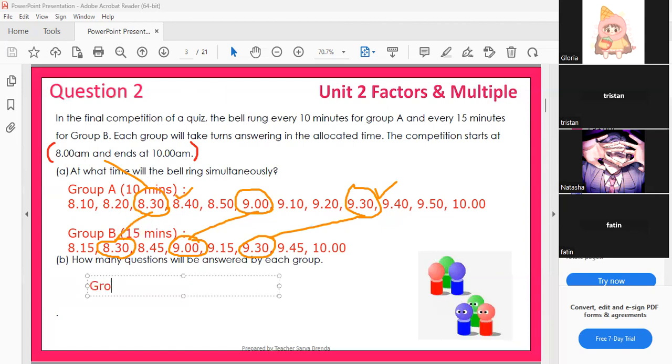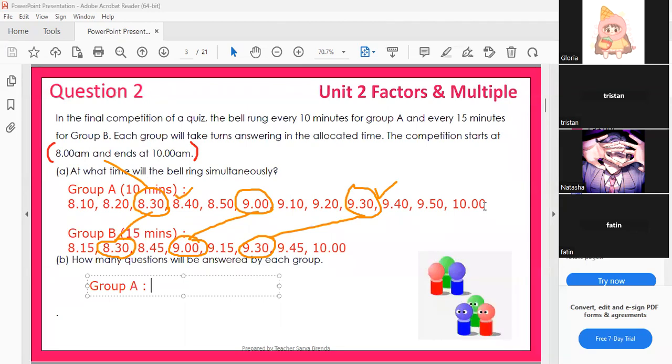We just write group A. Count group A. How many times? 1, 2, 3, 4, 5, 6, 7, 8, 9, 10, 11. Should we take the last one or not? Do you think we should take the last time? 10 o'clock it ends. So can you answer at 10 o'clock?